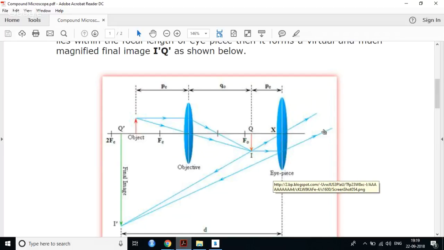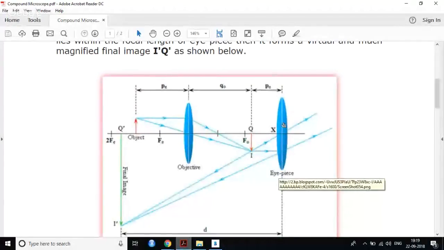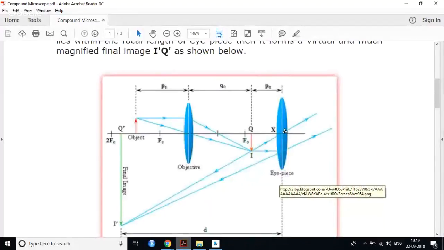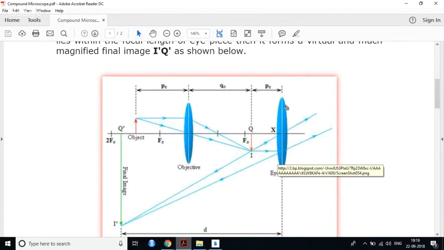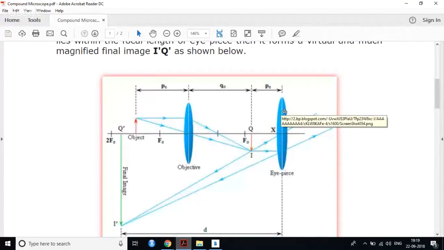Eyepiece means, suppose this is the region, look at the cursor on the board, this is the region where my eye is placed. In front of the eye I have this convex lens, which is called the eyepiece. Now the aperture and focal length of this eyepiece are kept very, very high. So what happens?